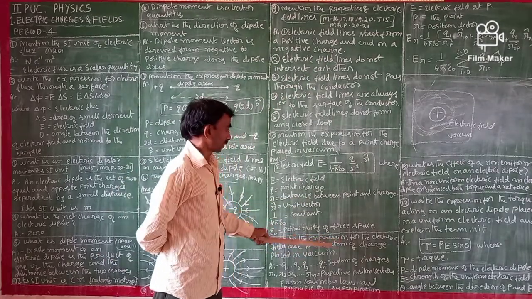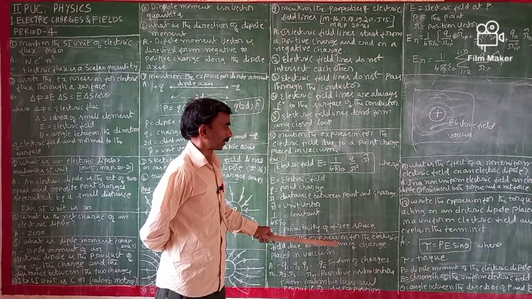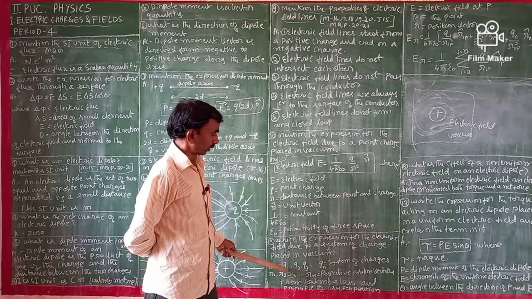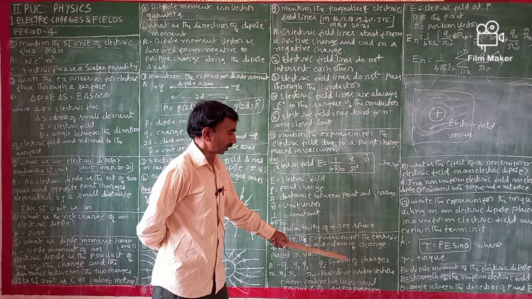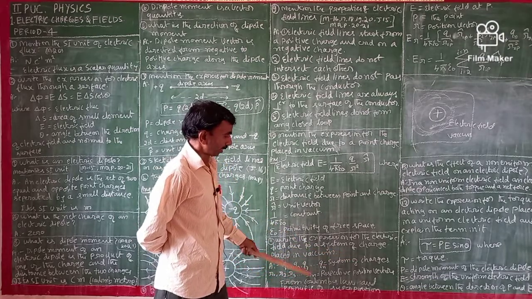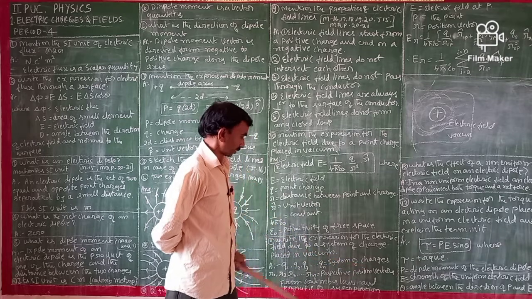So write the expression for the electric field due to a system of charges, which you have studied in the previous class. Let Q1, Q2, Q3, Qn etc. be the system of charges, and R1, R2, R3, Rn the respective position vectors.